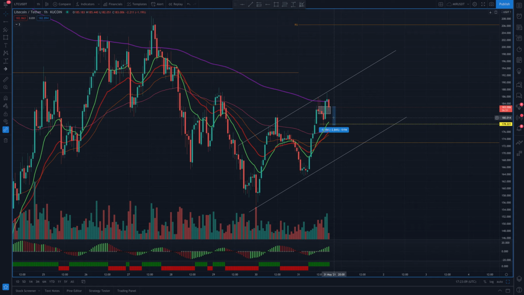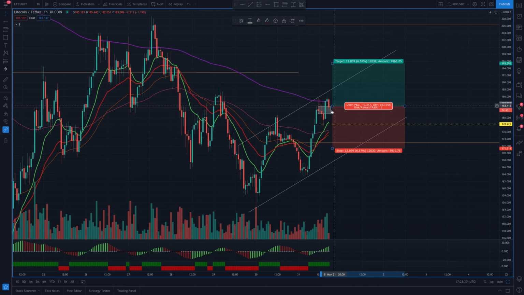So here's how I would buy and set up my trade. Let's just say approximately around here.